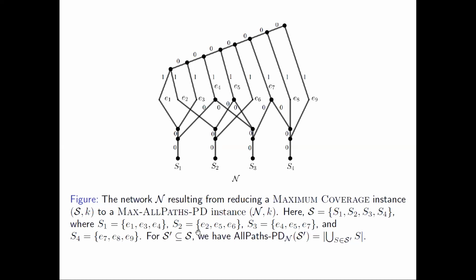So we would cover 6 elements. And if you calculate the all-path PD score for S1 and S2, the way we constructed this, we just end up getting a value of 6 as well, because we're covering 6 edges with weight 1. So those two problems have the same solution. And from that, we can deduce that our problem is NP-hard. Okay, so this is just the rough idea.